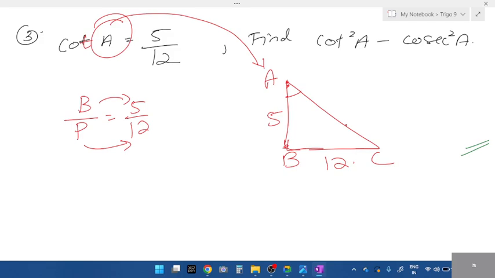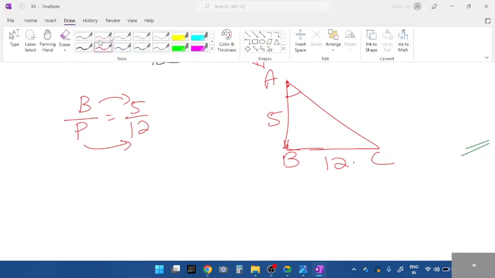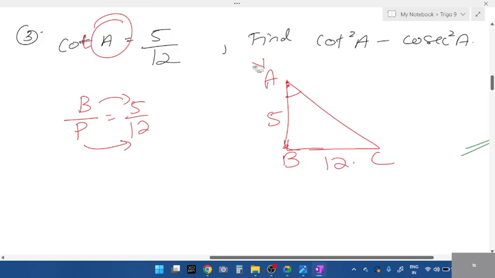This is the third question in the textbook. Completed?